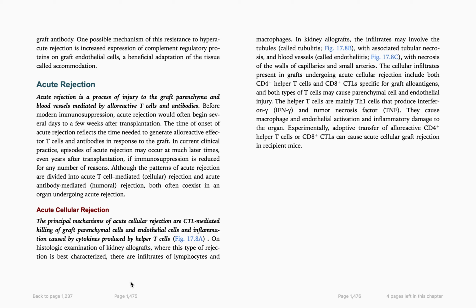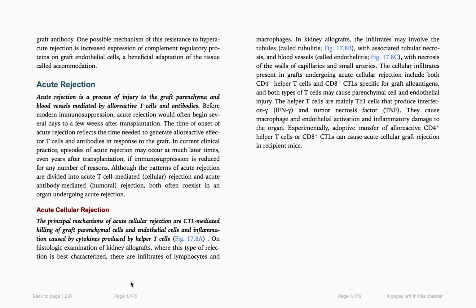The cellular infiltrate present in a graft undergoing acute cellular rejection includes both CD4 plus helper T cells and CD8 cytotoxic T cells specific for graft alloantigens, and both types of T cells may cause parenchymal cell and endothelial injury.